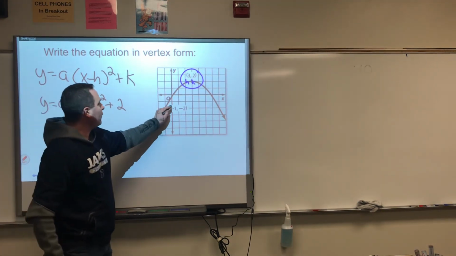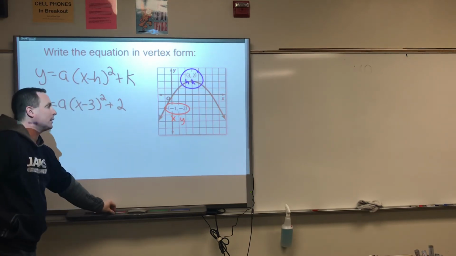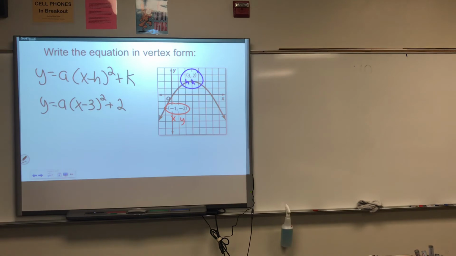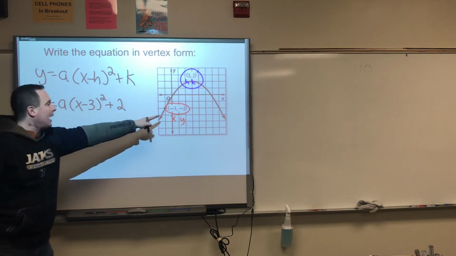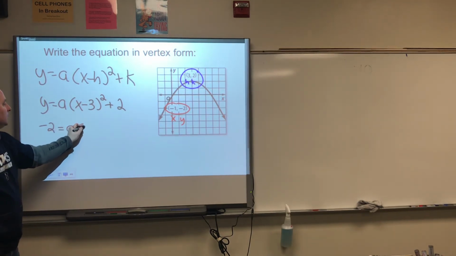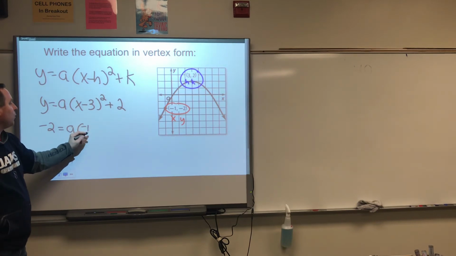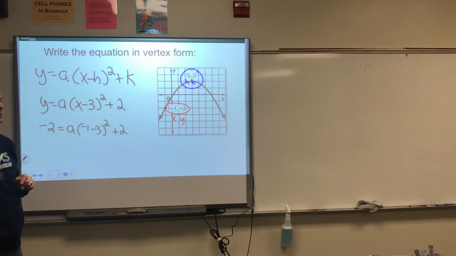And as I said before, there's another point here. It has an x coordinate and a y coordinate. We're going to take that -1 and -2 and plug it in for x and y. So my y is going to be -2. I'm going to have -2 equals a times (-1 minus 3) squared plus 2.